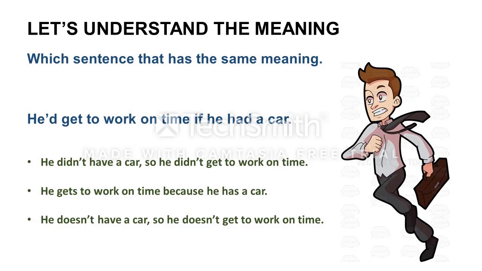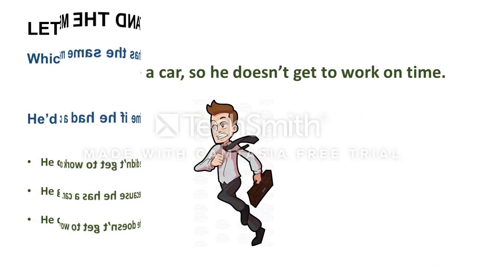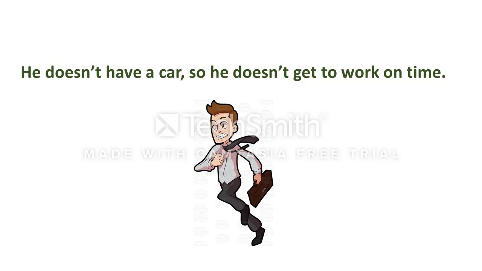Which of these sentences has the same meaning? He'd get to work on time if he had a car. So if you chose this one, he doesn't have a car, so he doesn't get to work on time, it is correct. So I have to understand the meaning when I have these if clauses, right?